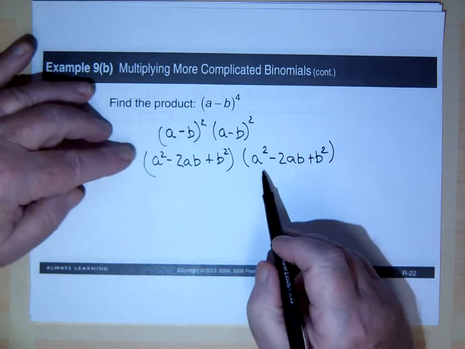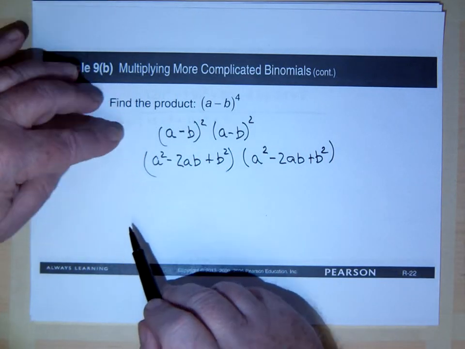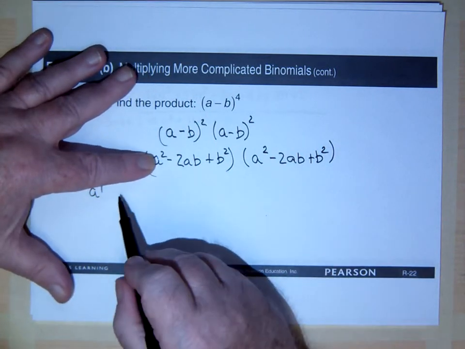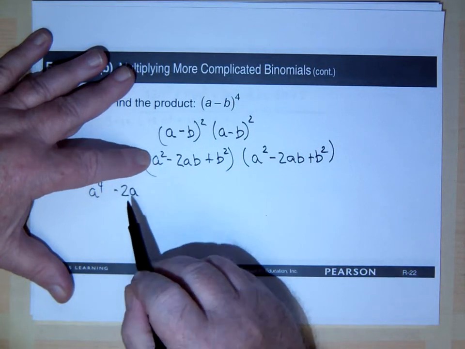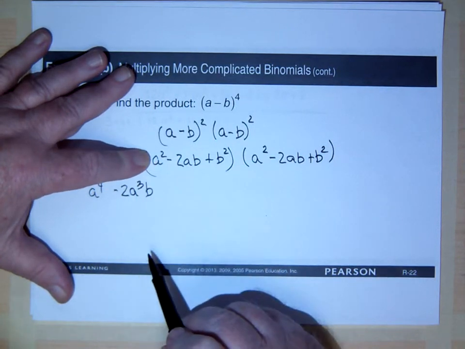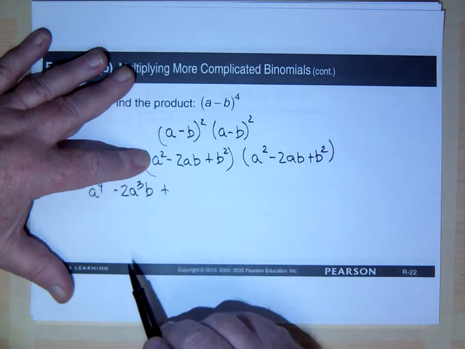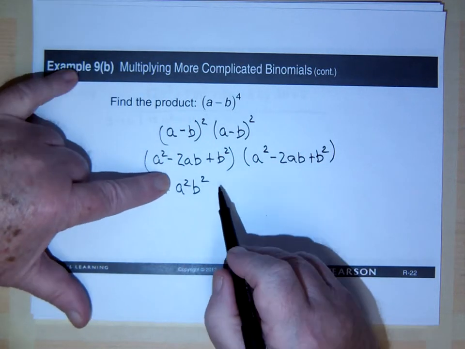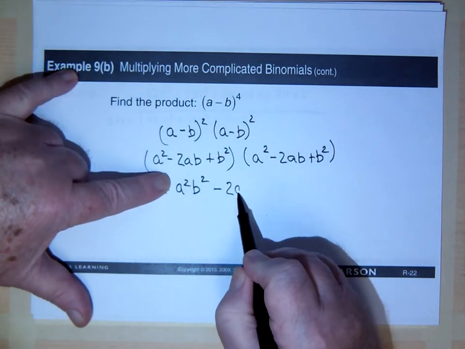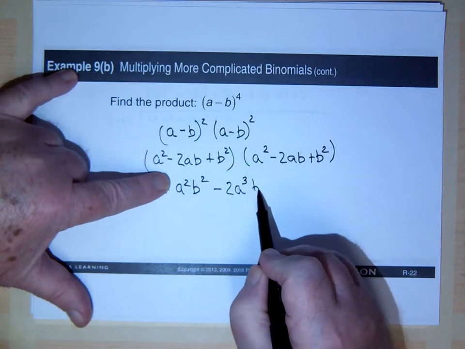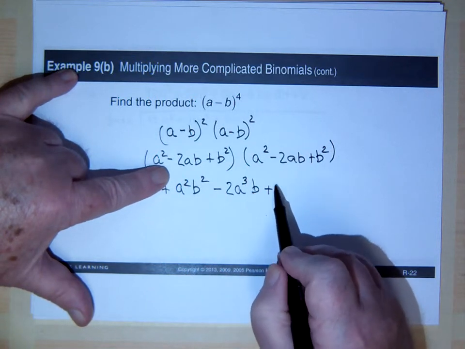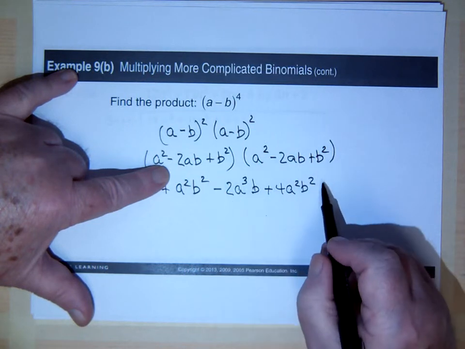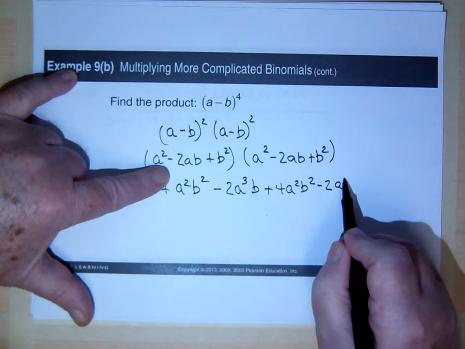So when I do the multiplications, I'm going to get a to the fourth minus 2a cubed b plus a squared b squared. I'm going to expand this. This is going to be minus 2a cubed b. This is going to be plus 4a squared b squared. And this times this is going to be minus 2a b cubed.